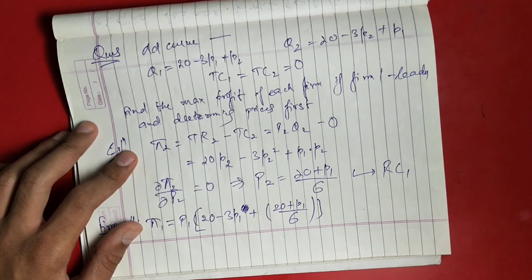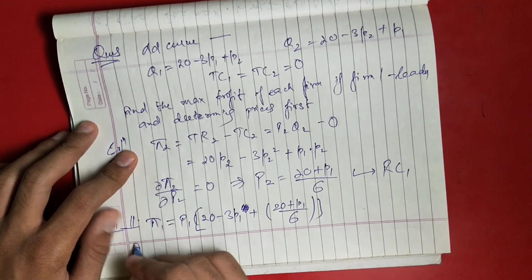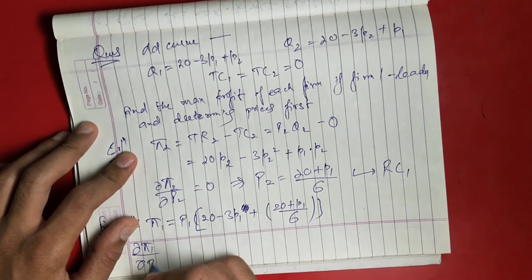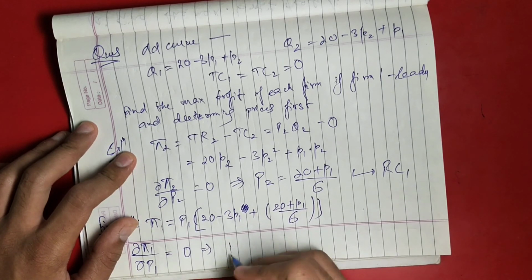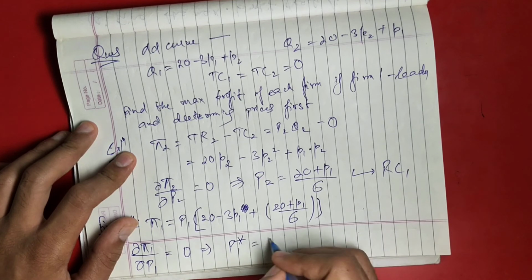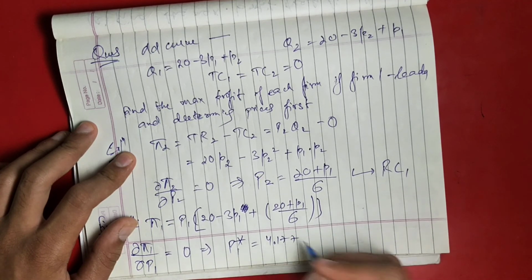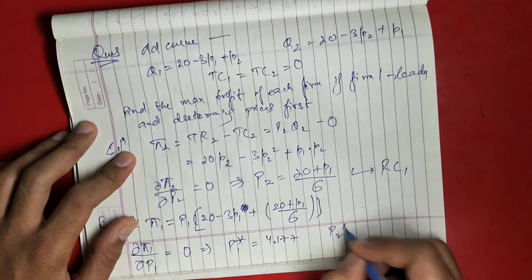Now you just have to differentiate it with respect to P1 and put it equal to 0. I am writing the answer directly. You will get your P1 star as 4.177 and P2 star as 4.019.